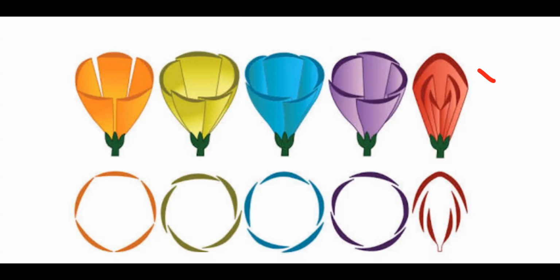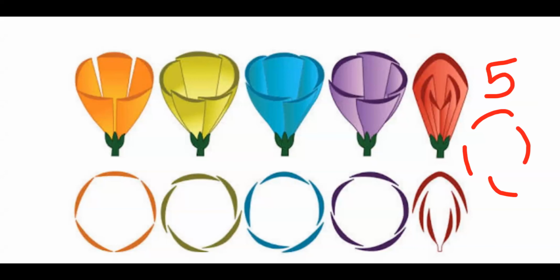Now, we know that some flowers have 5 sepals, some have 4 sepals, some have 3 sepals, like this. So this whole whorl we call the calyx, but in it a varying number of sepals are present. Suppose 5 sepals are present.